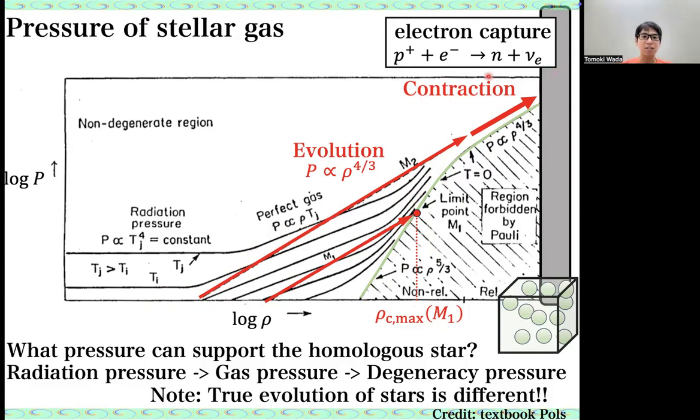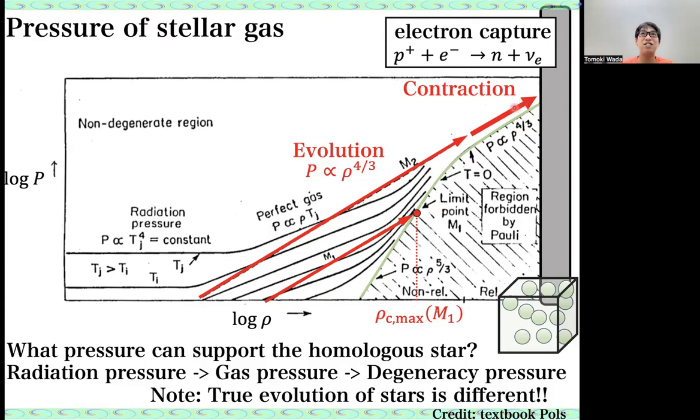And at some density, electron capture starts. So protons and electrons make neutrons. This is the formation of a neutron star.